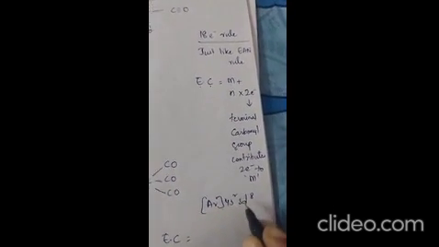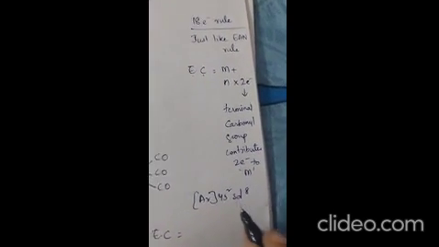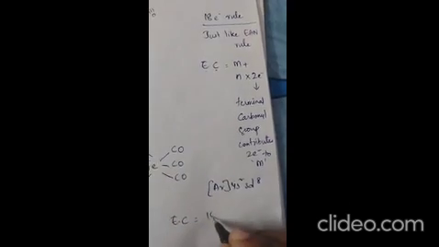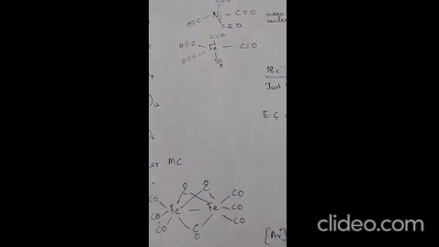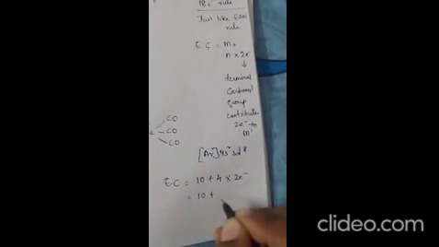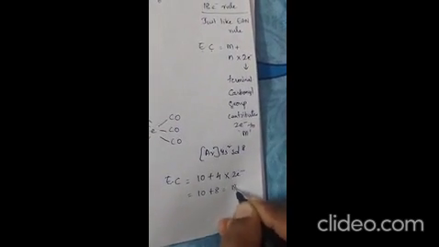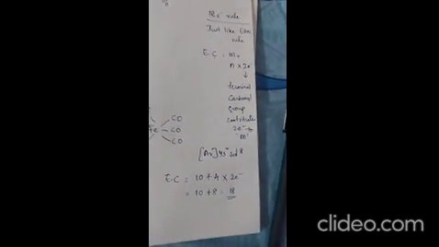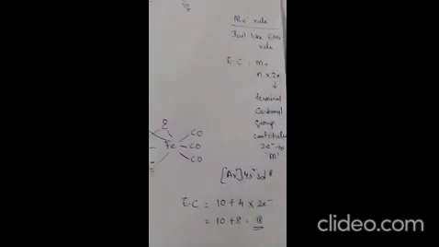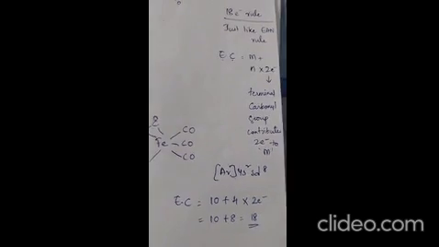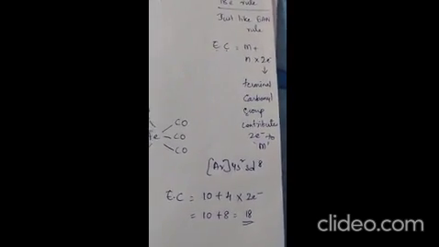The total number of electrons in the valence shell is 2 plus 8, 10, plus N, which is 4 in this case, into 2 electrons. So it is 10 plus 8, which is 18 in total. Yes, nickel tetracarbonyl does obey the 18 electron rule.